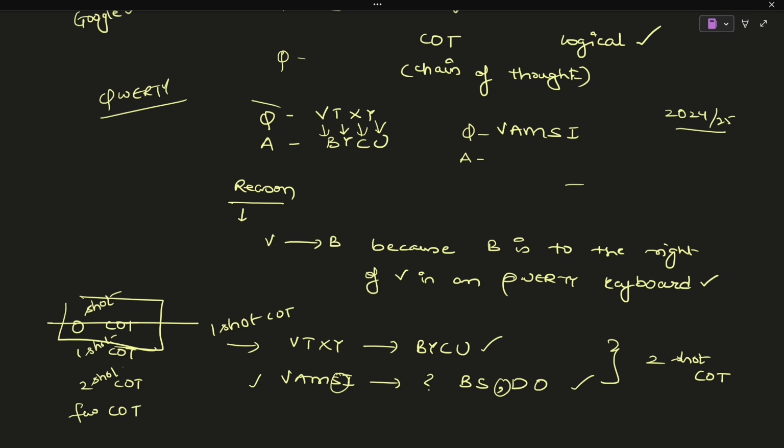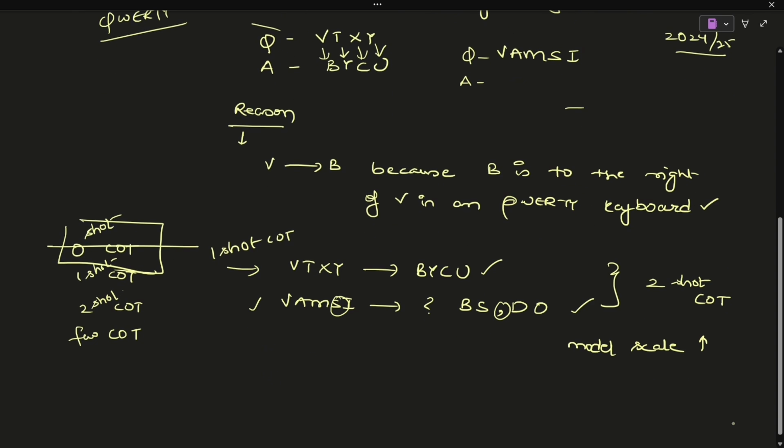And for COT to work, the size, I mean, when I say size, the number of metrics in the specific model should be high. So the model scale should be high. And in fact, that's the case with most of the LLMs today. That's not an issue.